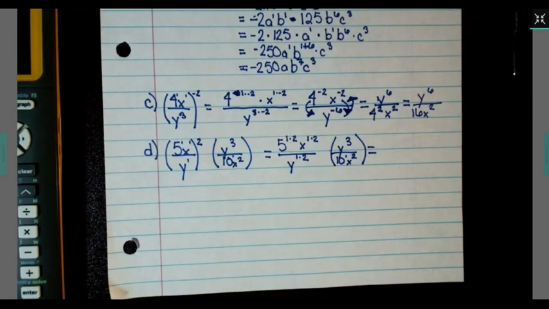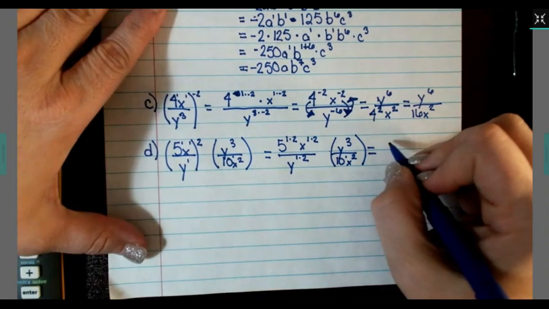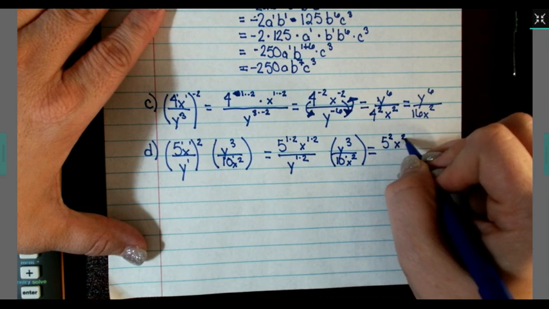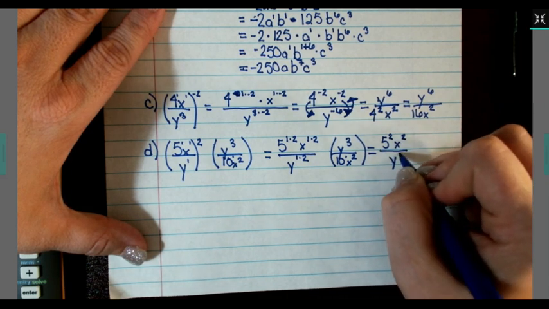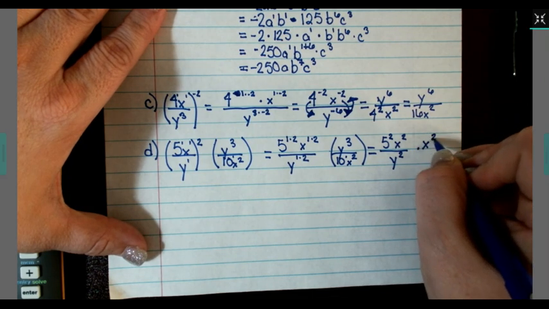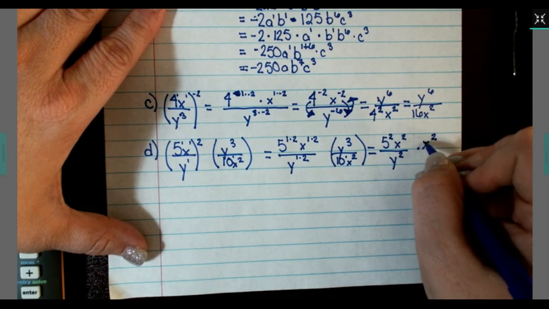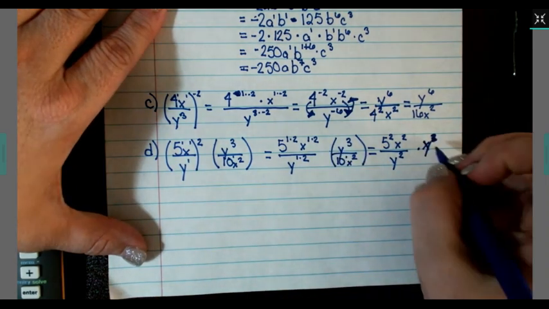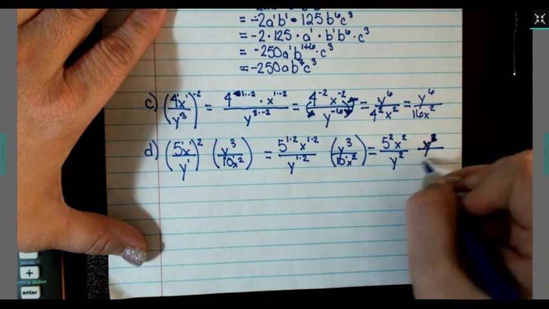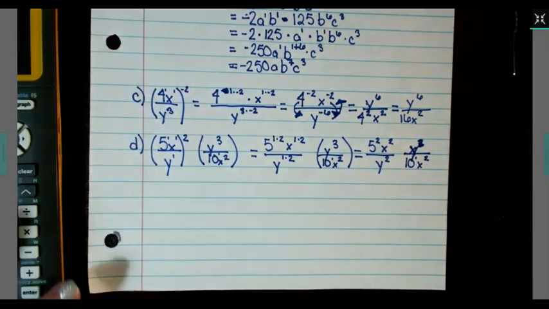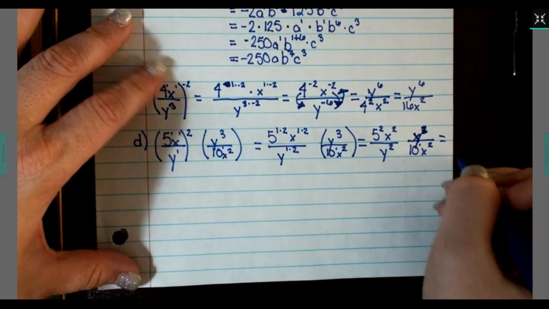Okay, well, let's start getting those exponents to simplify. We've got 5 squared, x squared over y squared. Then we have y cubed, sorry, I was looking over too far, over 10x squared. I'm going to have to come down.